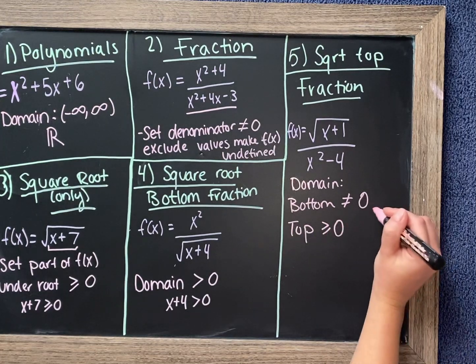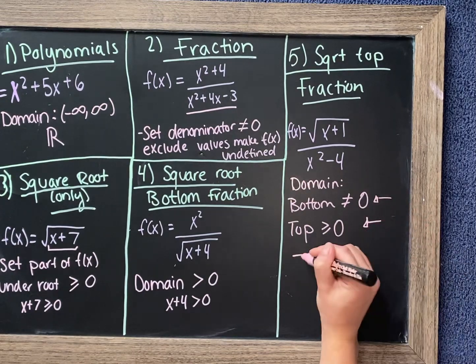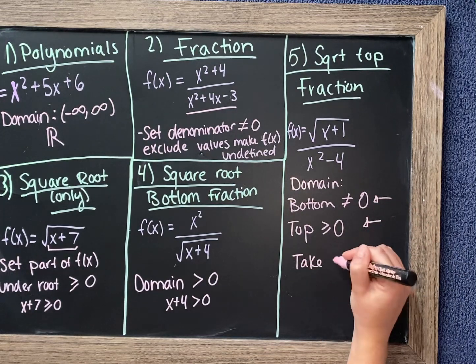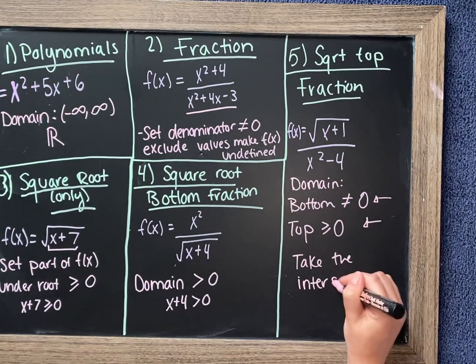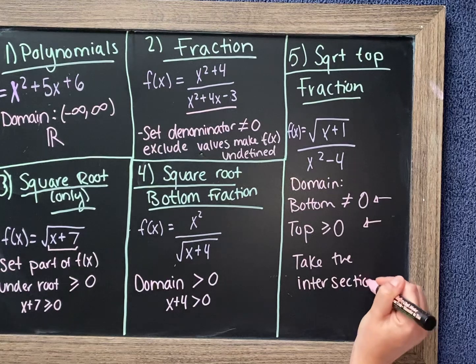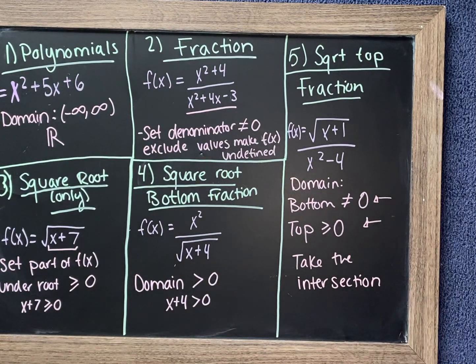Then you find the answer for both of these, and then you take the intersection. I'll go over how you would take the intersection and exactly what you would do in terms of finding the solution.